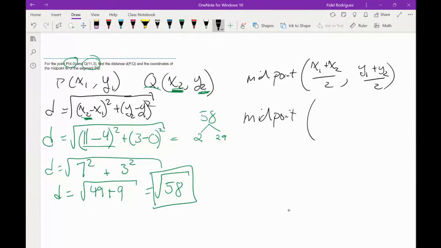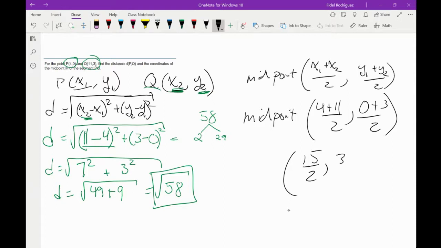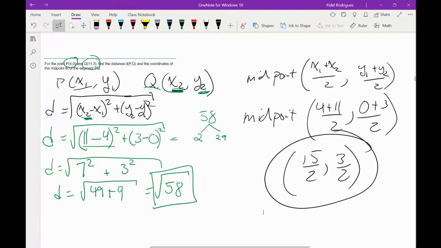So we said x1 and x2, that's going to be 4 and 11 over 2, and 0 and 3 over 2. So 4 and 11 is just 15 over 2, and 0 and 3 is just 3 over 2. So that right there should be my midpoint, right?